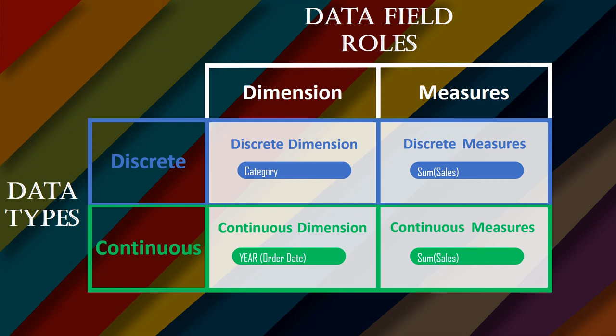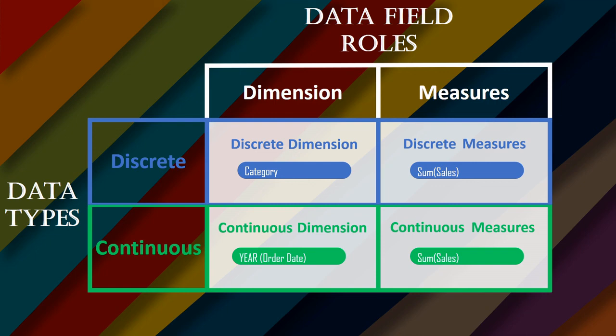Vice versa to it, if any field is used with green color and is used for detailing, then it would be called a continuous dimension. But if this green field is used with aggregation, then it would be called a continuous Measure. And by default in Tableau, we have discrete dimensions and continuous Measures.